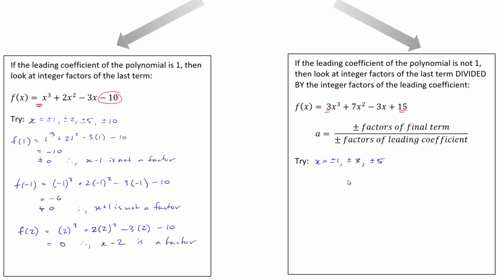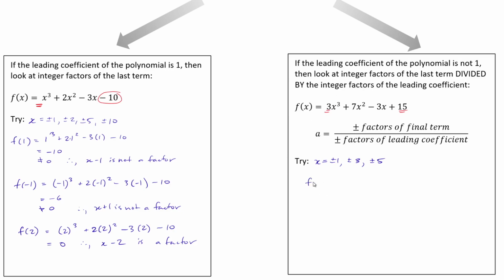Now, here's the issue: we can take a look at doing all of this, like substituting 1 and substituting -1, positive 3, -5, and what you will find is that none of those factors result in a factor of the polynomial, right?